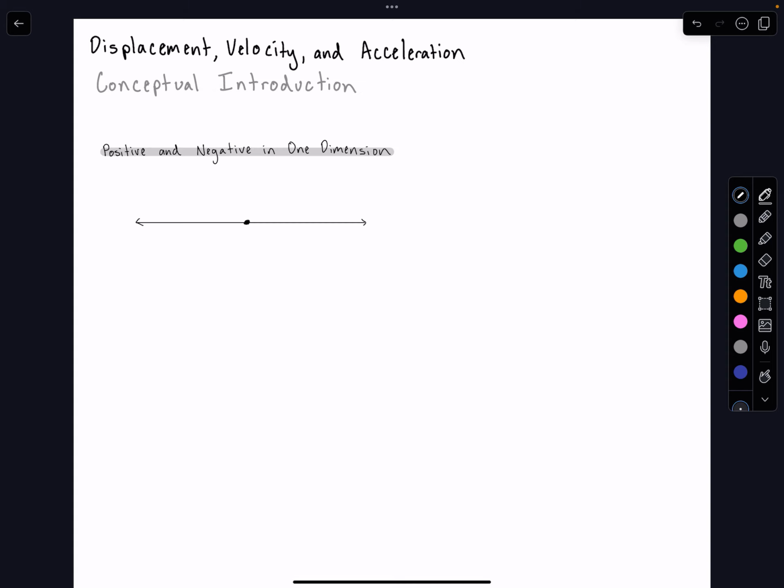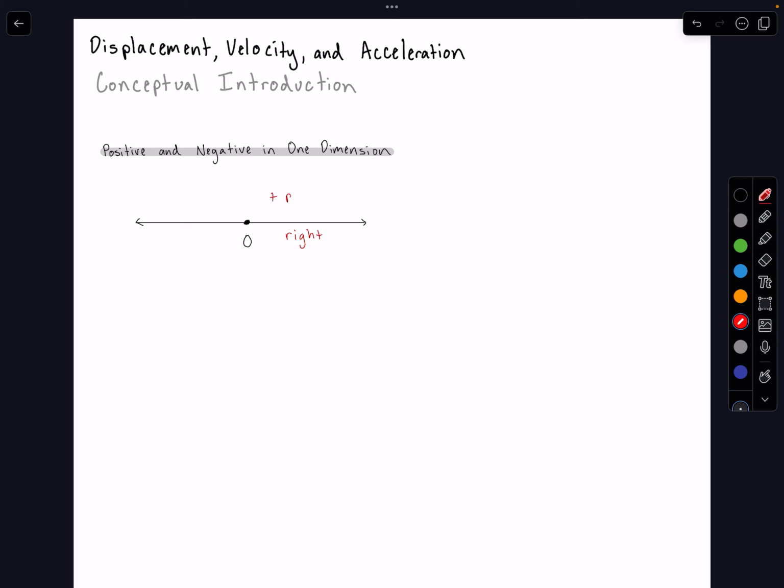So let me quickly explain this notation. If you think about one dimension, it's like left and right. You can either go left or right, or you can stay right at the center. And so the center is usually marked at 0. And then the right is typically the positive direction.